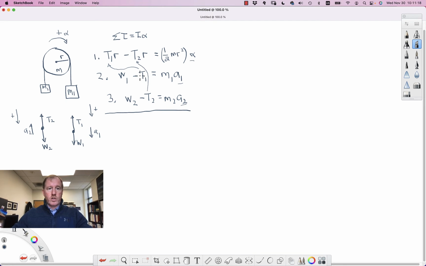All right, so let's continue down here. Let's first solve for tension 1. Tension 1, you can probably see, is going to be equal to weight 1 minus m1a1. So let me carve out some space right here.